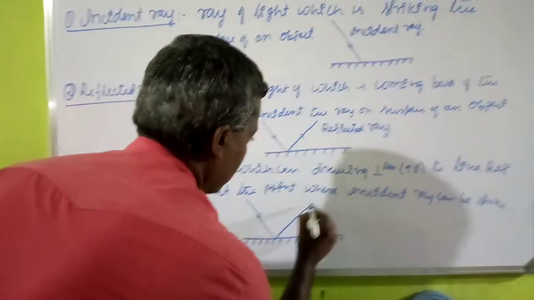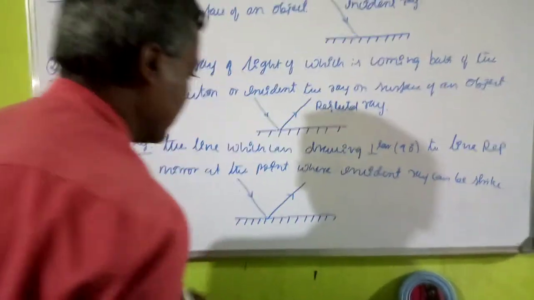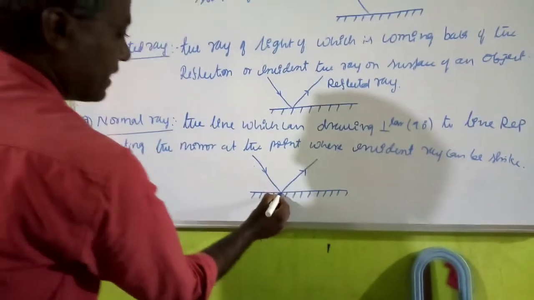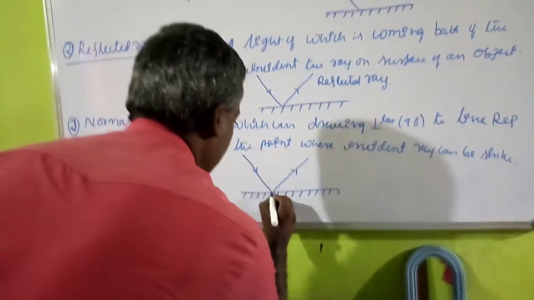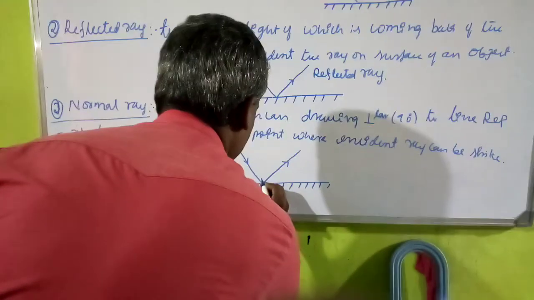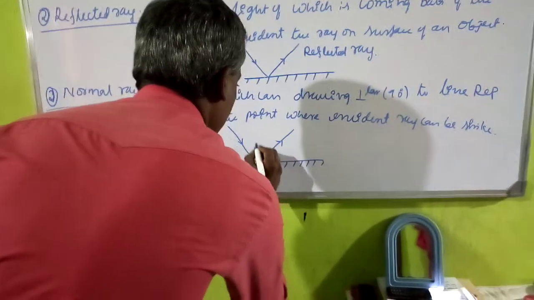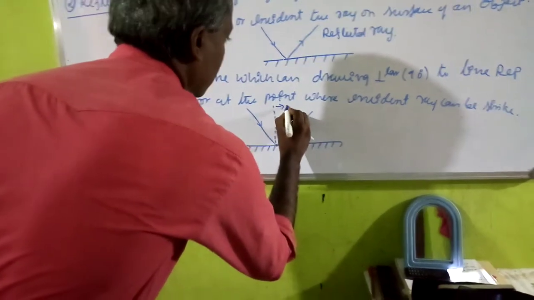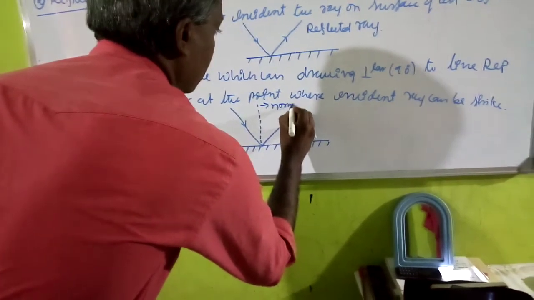After that it is coming back. This is your reflected ray. So the normal ray is at the exact point where your incident ray strikes the surface. So this is about your normal ray.